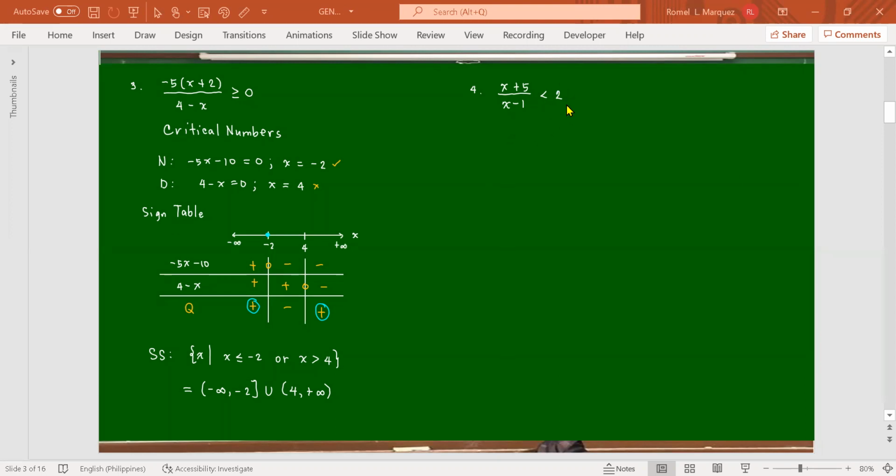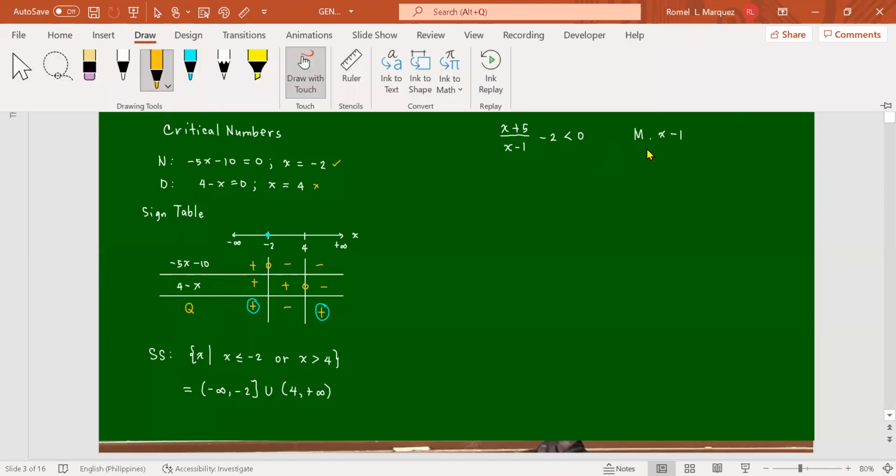Okay, so what am I going to do with the 2? Transpose on the left side. Am I allowed to multiply each side by x minus 1, guys? No. Why is it that I am not allowed to multiply by x minus 1?